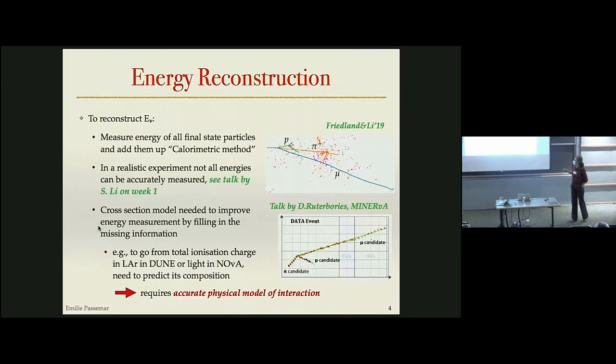In a realistic experiment, not all energy can be accurately measured. So then we need a cross-section model to improve the energy measurement by filling out the missing information. So we require the most accurate physical model of interaction.